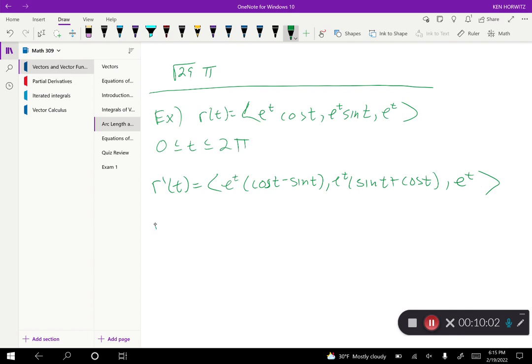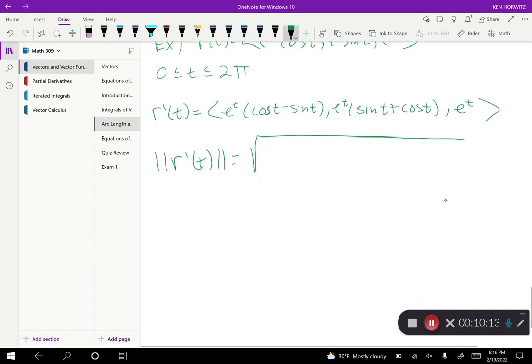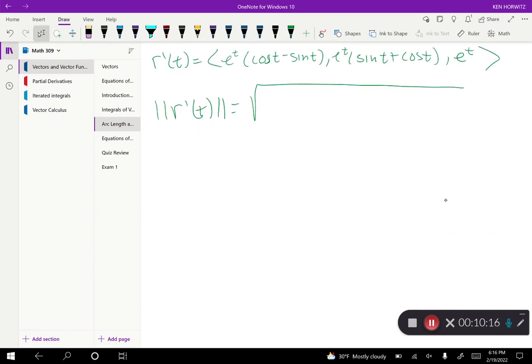And now we need the magnitude of r prime. So let's get in there. Looks like we'll have a little bit of algebra to do. All right, so we got e to the 2t, because if I square my first element, e to the t squared is e to the 2t. Then I've got cosine t minus sine t squared.